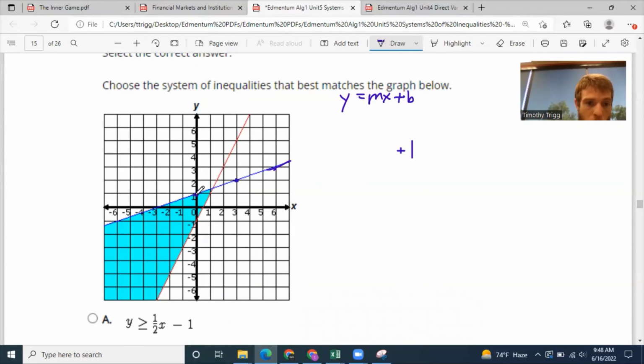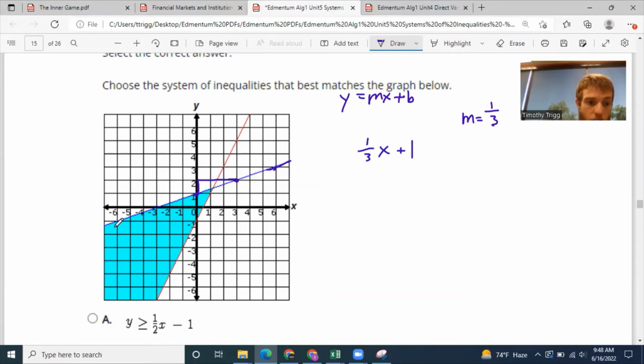I like to go from one point to the next point that's on the grid lines. So it's rise 1, run 3. Remember, the slope is the rise over run. So the rise is 1. The run is 3. So the slope of this blue line is 1/3. So it'll be like 1/3 x plus 1.